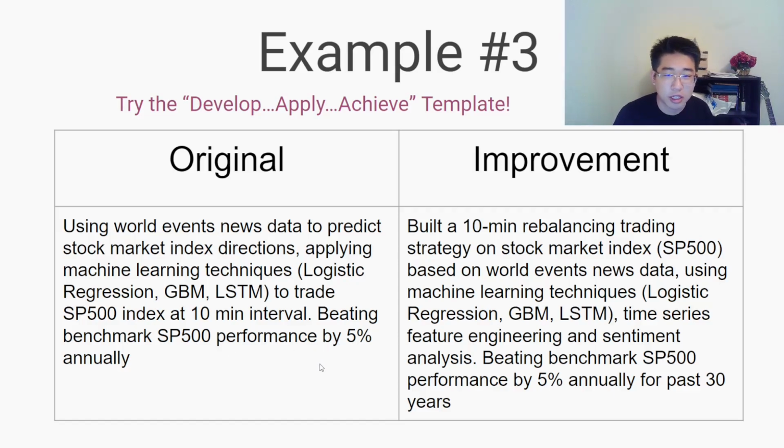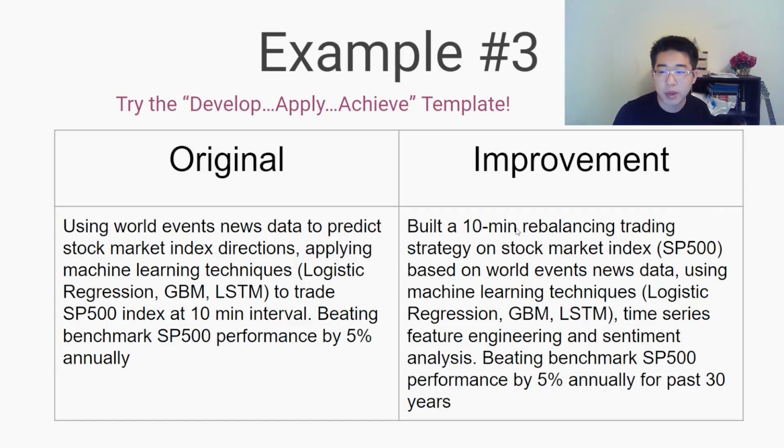If you only did the strategy for a year and then you outperform SP500 by 5% for that year specifically, and that year was a really good year in the stock market already, people are not going to be impressed, right? And people are going to assume that you didn't include the exact number. It might not be too good anyways. So let's see how we can improve this.